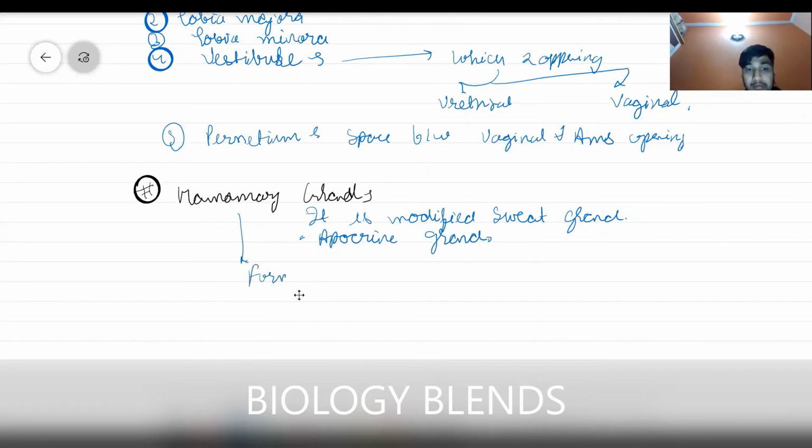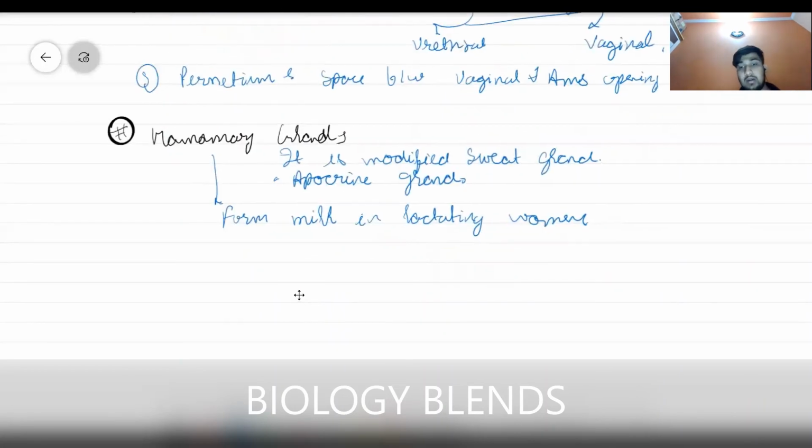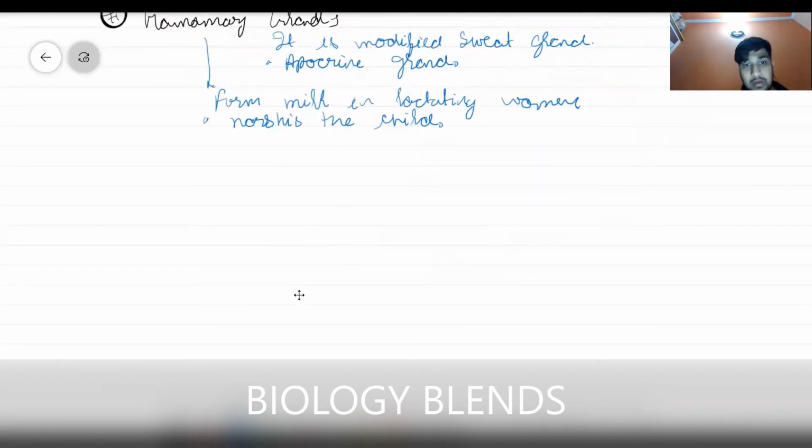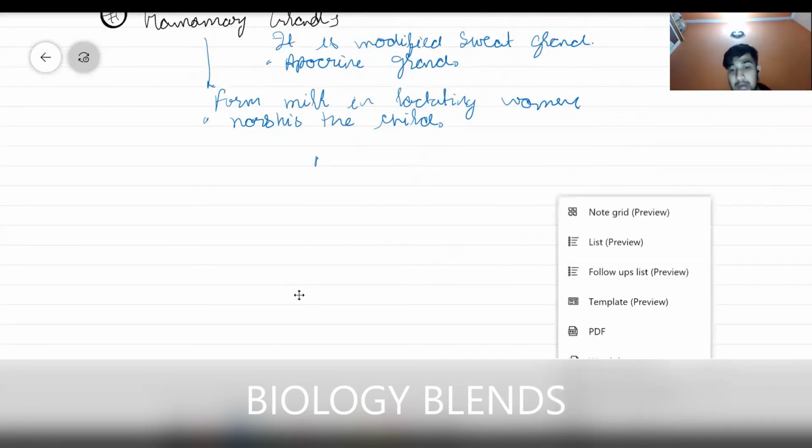It forms milk in lactating women and nourishes the child. So how does the milk formation occur? Let me show you first the picture of the mammary lobules.